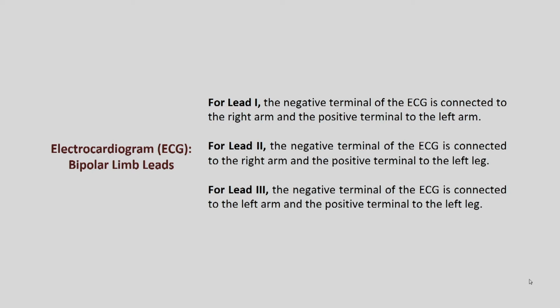Lead 2 is the negative terminal connected to the right arm and the positive terminal to the left leg, not left arm, left leg. Whereas lead 3 is the negative terminal connected to the left arm and the positive terminal to the left leg. This way all three leads are connected and we place our leads.